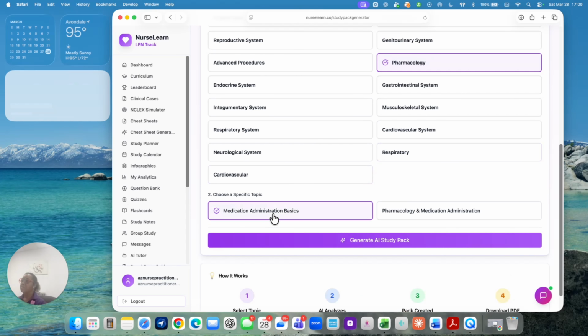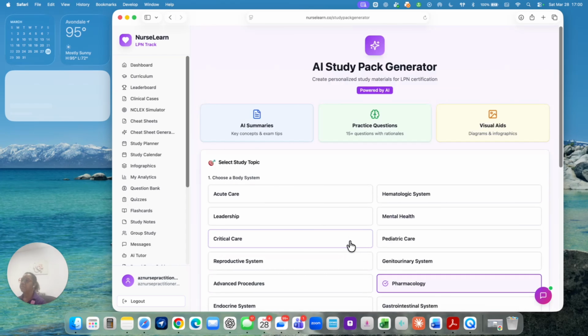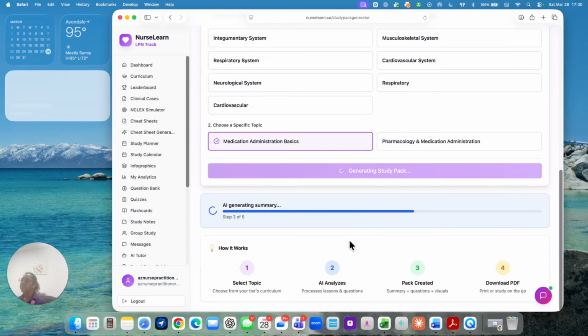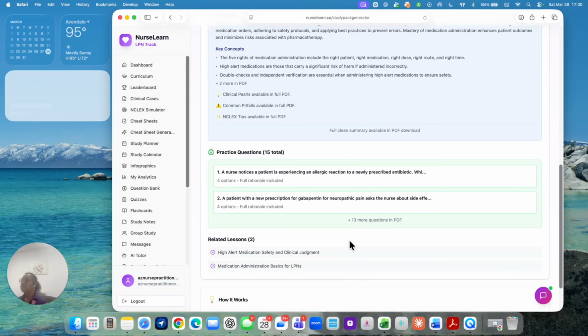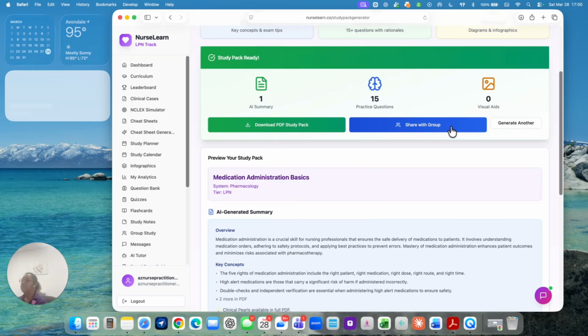Here's the study pack for you. It says visual aids, but to me, it doesn't really do good visual aids. This is how it looks, and you can download it or share it with your group.